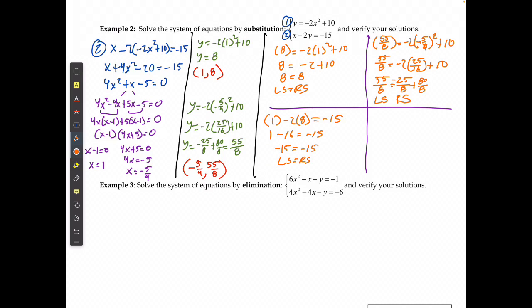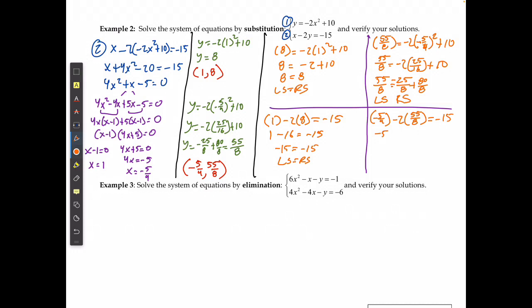And in the last case, the second set in my second equation is going to be negative 5 over 4 minus 2 times 55 over 8 is equal to negative 15.